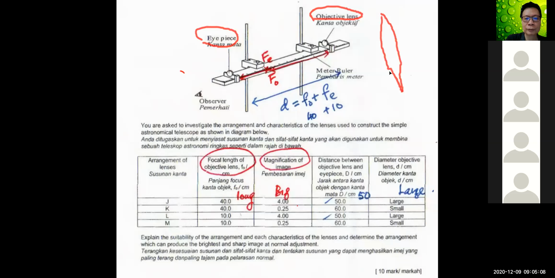The diameter must be very big. It can allow more light to come in, so the image will become brighter and clearer.